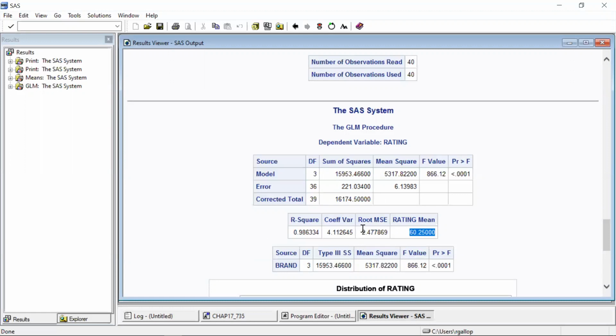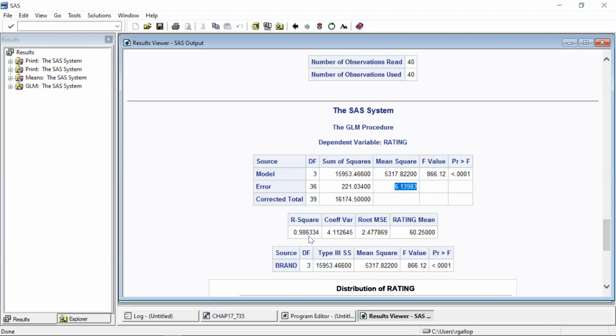This is our pooled standard deviation, which is nothing more than the square root of the mean squared error. And then look at the R squared, the percent of variance explained by the model. So knowing the brand level, we're explaining 98.6% of the variance in the Rust inhibitor ratings.